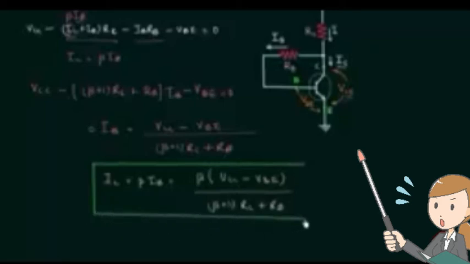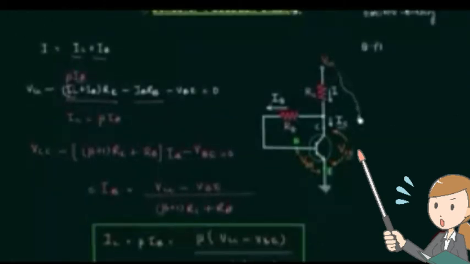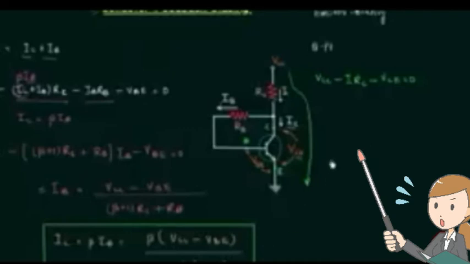The next thing is the calculation of the voltage VCE, and for this we will apply KVL in the output loop. We will start from VCC: VCC minus I multiplied by RC minus VCE equal to 0. Capital I is equal to IC plus IB, collector current plus base current, so we have VCC minus (IC plus IB) multiplied with RC minus VCE equal to 0.